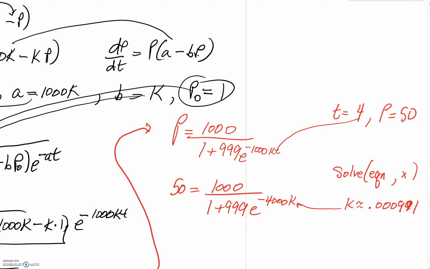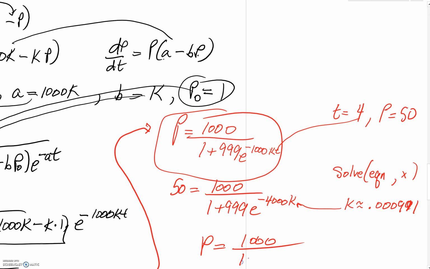But as we're wrapping this up, what does that really mean? Well, now you can come back to this equation right here and get P is equal to 1,000 over 1 plus 999. If you multiply negative 1,000 to this k, your decimal will go 1, 2, 3. It's also going to be something negative.